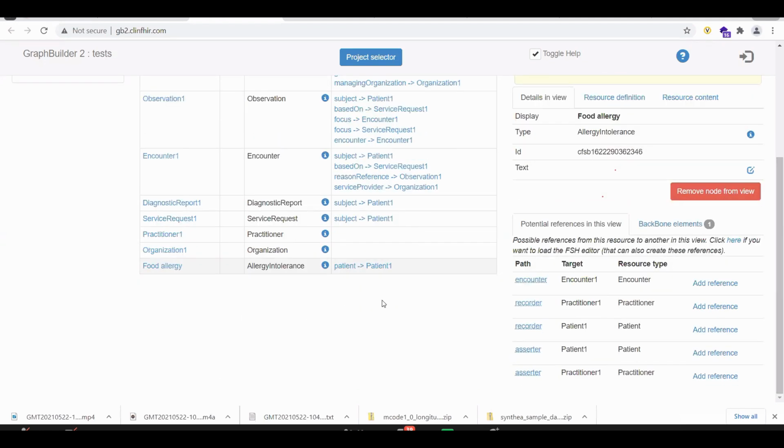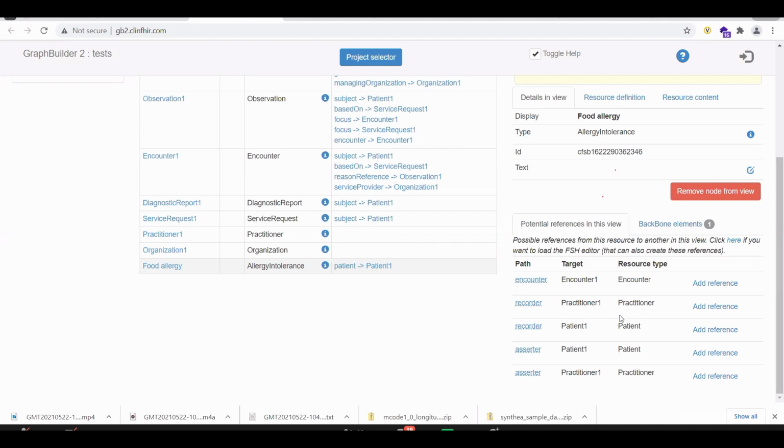So see, this is the good thing if you want to learn about the resource also, right? If you're putting allergy intolerance, it can have reference to encounter, okay, can have reference to practitioner, patient, right? And in different attributes, right? So for example, allergy can be recorded as part of an encounter.